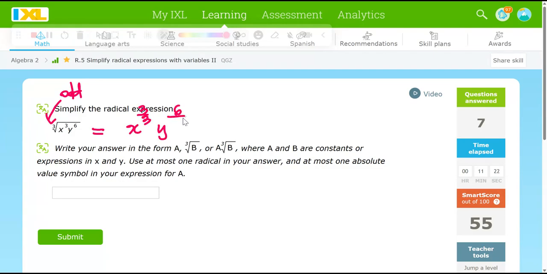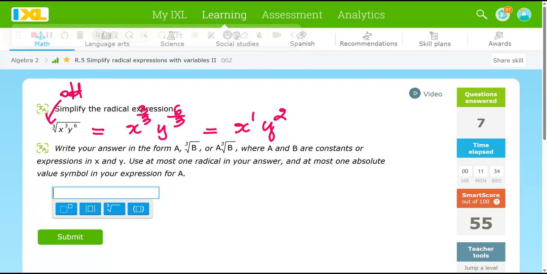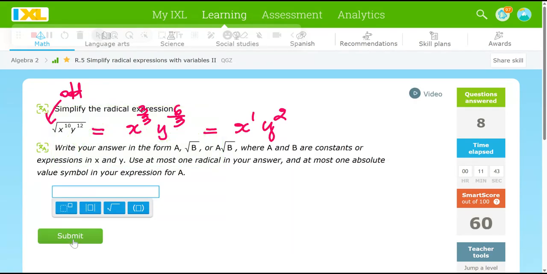So you come out with x to the 1 and then y squared. That's it. That is the answer. So I put over here x and then y squared. Voila. You see that?